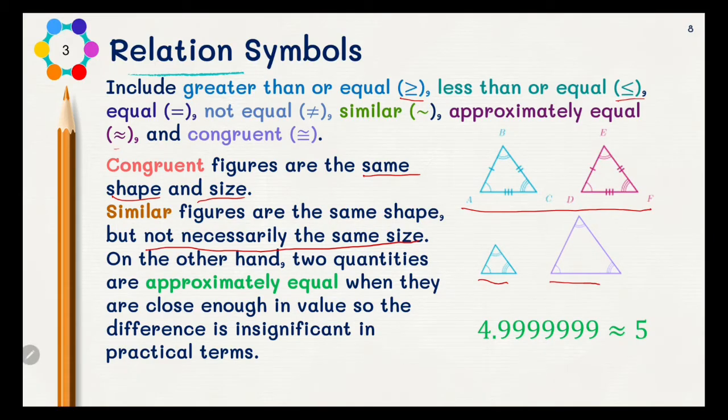And then last we have approximately equal. Close enough, not exactly equal, but just close enough. Something you can already consider equal. So 4.99999, maybe can already be 5.